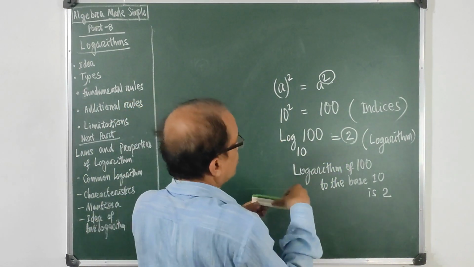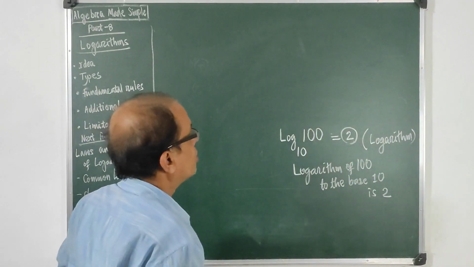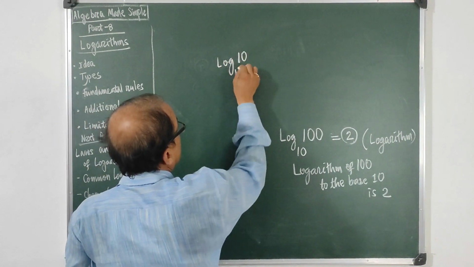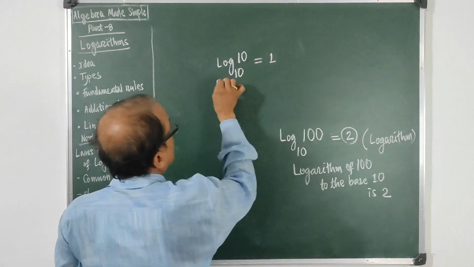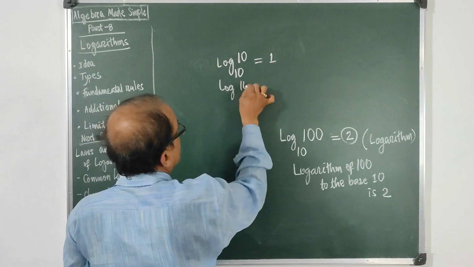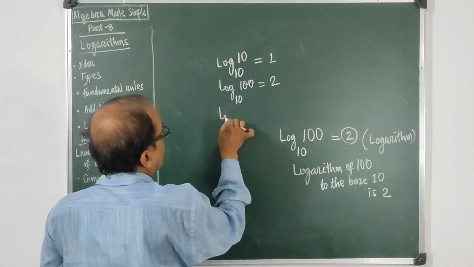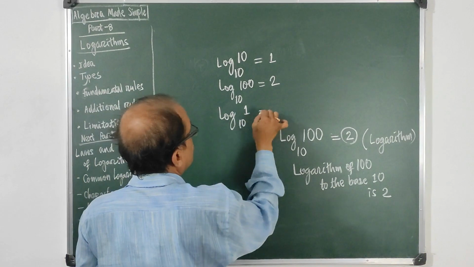So let us just discuss two or three more. How much will be log 10 to the base 10? So 10 to the power how much is 10? That is 1. Log 100 to the base 10 should be 2. Log 1 to the base 10 should be 0.